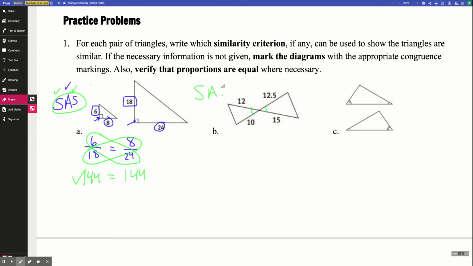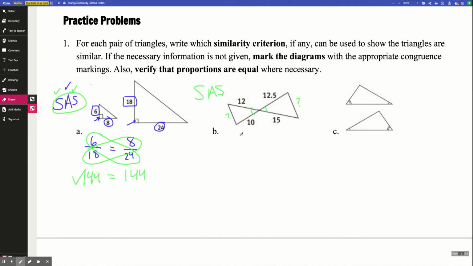If you thought this was SSS because there are 2 sides and you only need a third, there's not enough information here to figure out the missing sides. We don't have a third proportion that I can verify, so we can't use SSS.